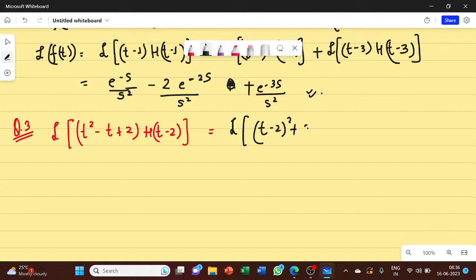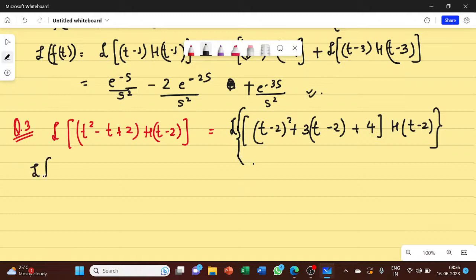Plus 3t minus 2: 4 minus 6, this is minus 2. And then you have to mend it, so I'll write plus 4 as well. And this is h of t minus 2.